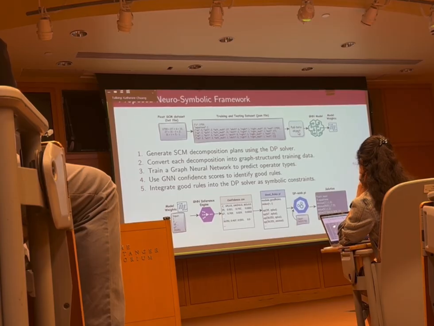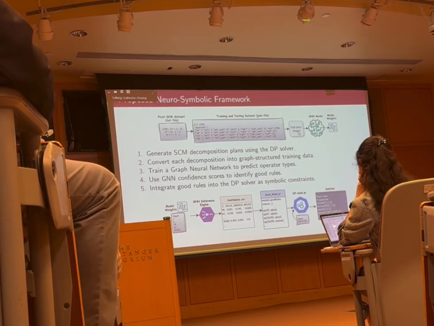And after we get the weights, we use the model to help us predict some new instances. The model will output the GNN confidence scores, as listed in the downside there.